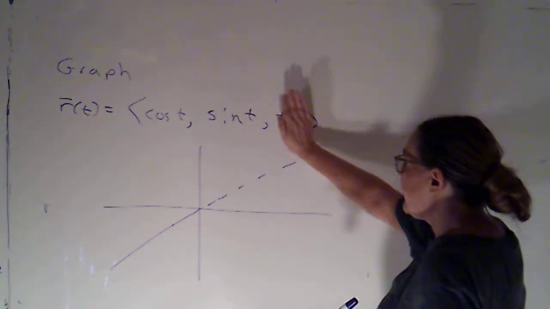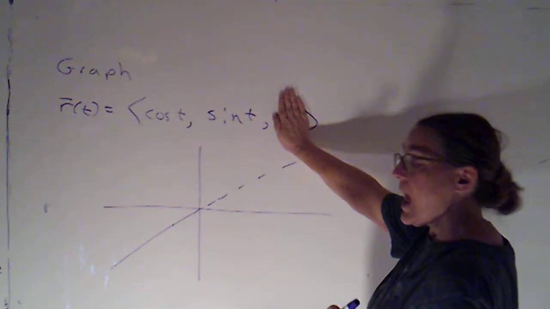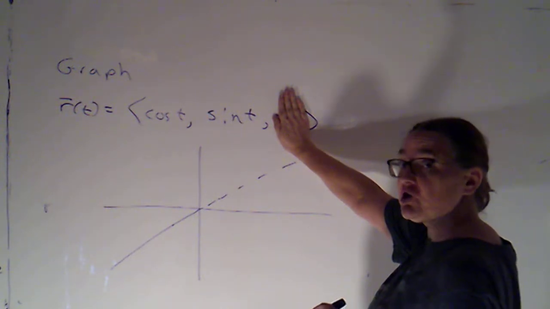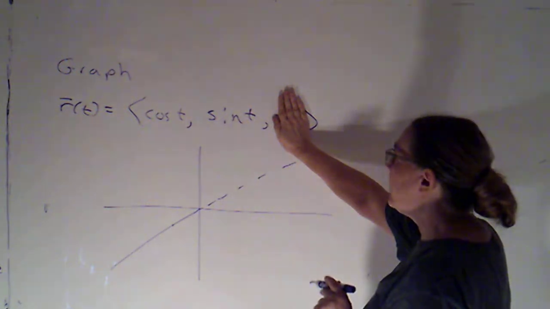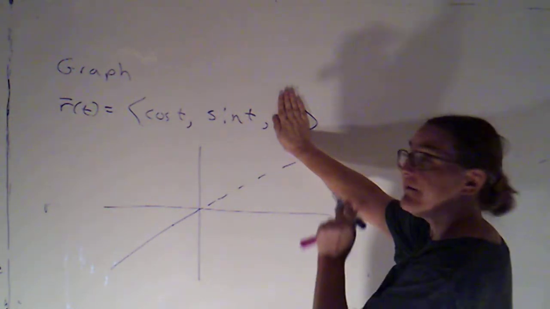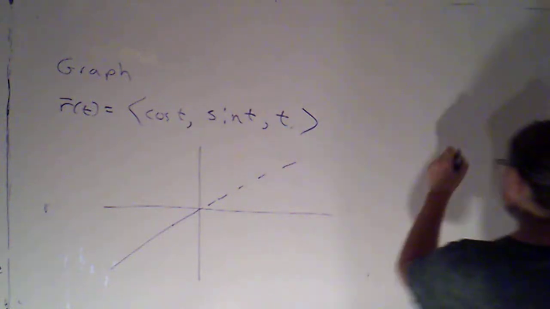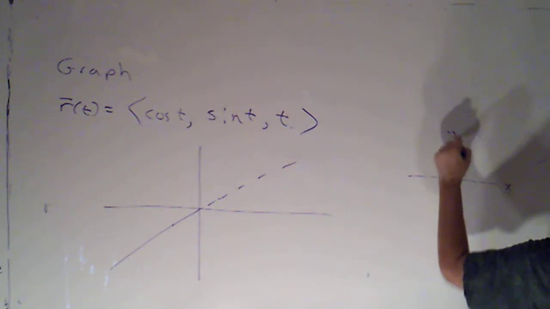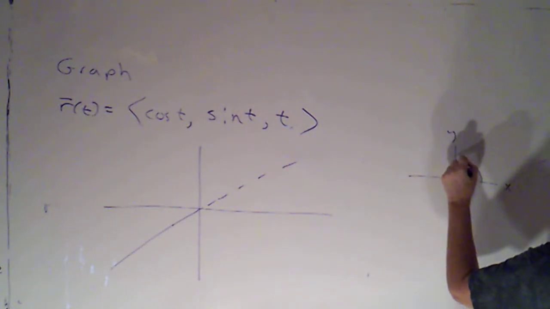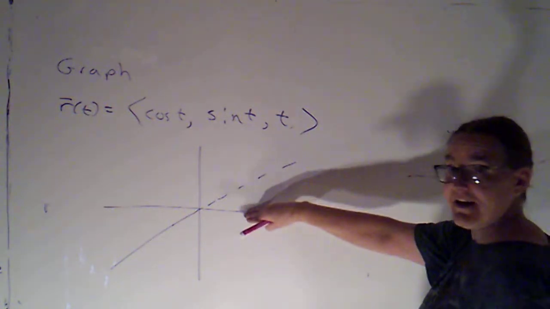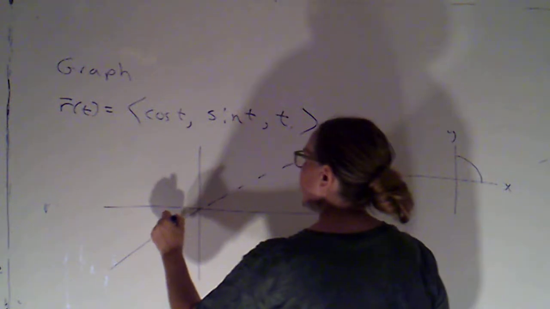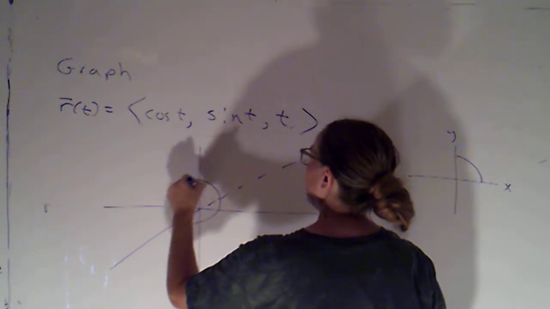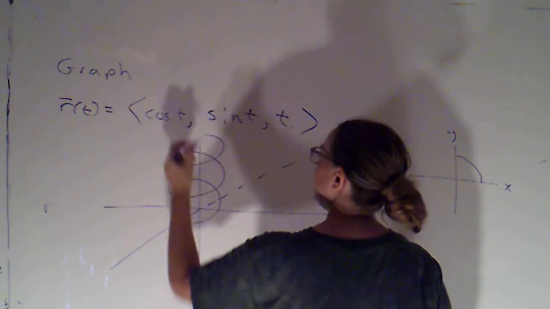If my z value stayed at 0, I'd be drawing this counterclockwise, so I'd be approaching a point that would be on the positive y-axis. Because if you think about it in 2 space, we start here and we come to here. Now the positive y-axis is over here, so I'm going to be drawing my circle sort of like so. But as I draw it, I'm going to be moving up.